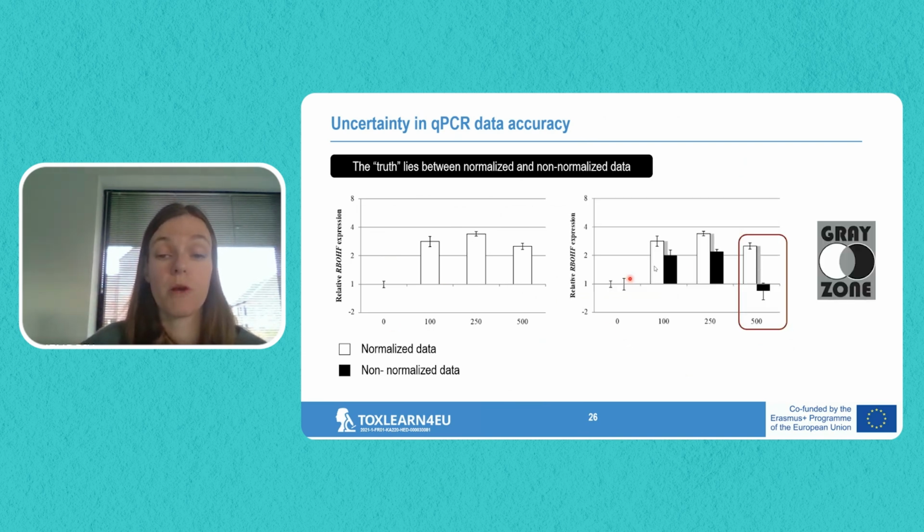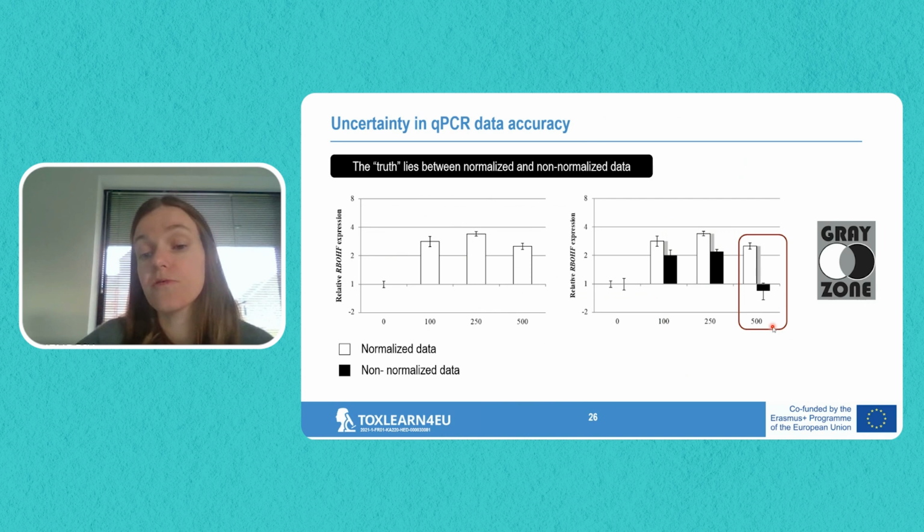However, when we also show the non-normalized data in black here on the same graph, you would see that there are some small differences between the normalized and the non-normalized data. However, for the plants exposed to 100 and 250 micromolars of zinc, you can still with certainty say that the expression of the gene increases compared to the control.